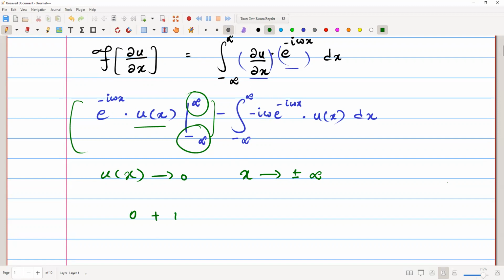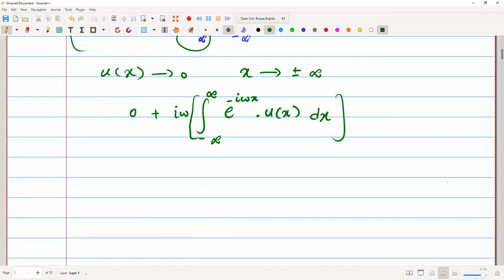We can bring out iota omega, and inside the integral we can write negative infinity to positive infinity e to the power negative iota omega x times function of x dx. And we already know that we can call this integral a function of omega. We already talked about it in the beginning.